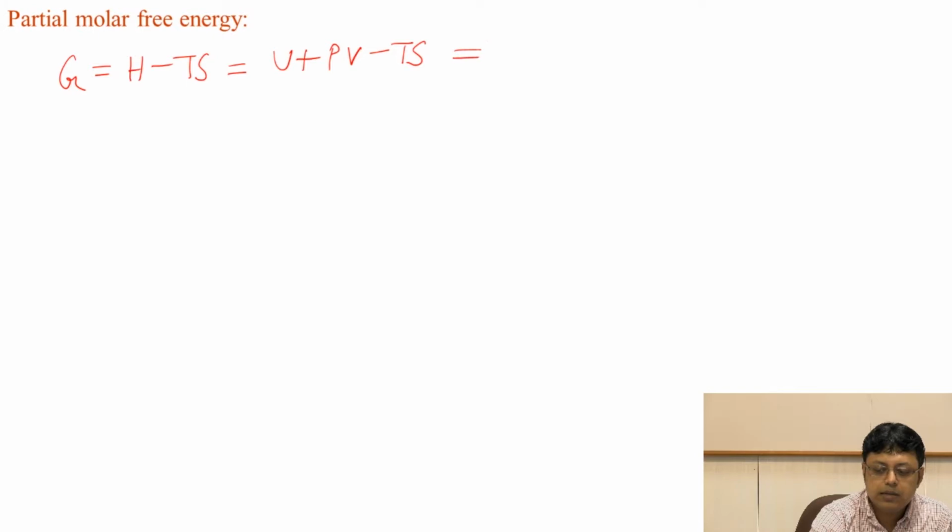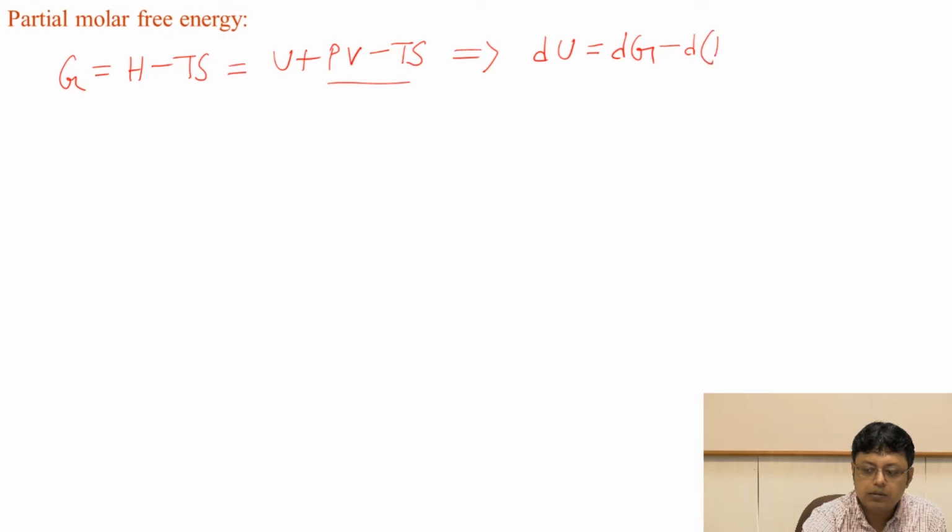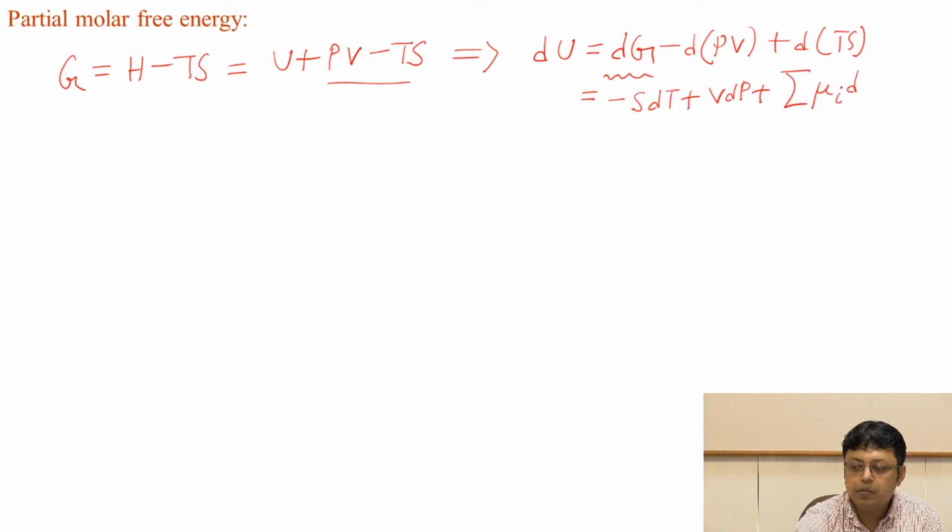So we can right away see that dU will be nothing but, if I just take this PV minus TS term to the other side, it will be minus d(PV), which we can just keep like that for the time being, plus d(TS), and then you can show that this will be, if we just keep the H constant, for dG you can write minus S dT plus V dP plus the sum over mu_i dn_i terms, because we are considering mixing right now.